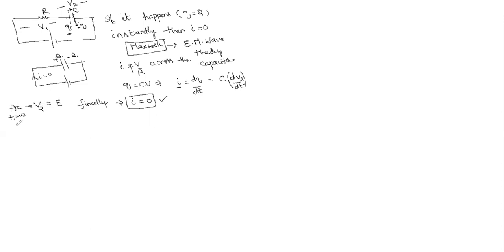How much time do they practically measure? They measured that infinity in a milliseconds scale. The V2 on the capacitor becomes E and the current through the circuit becomes zero in a time of less than 1 second.